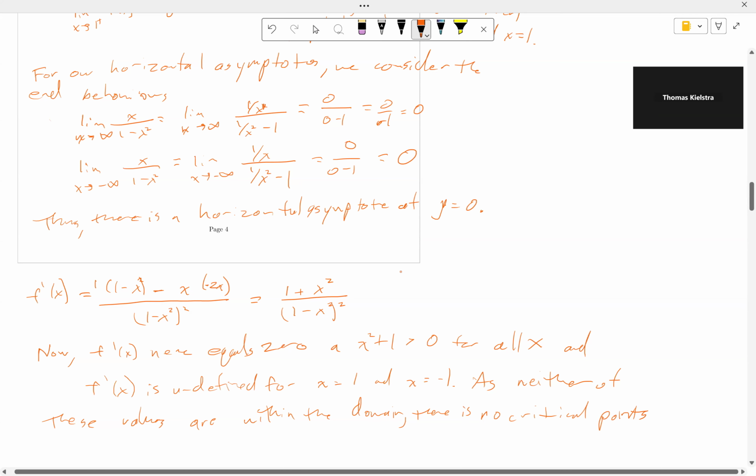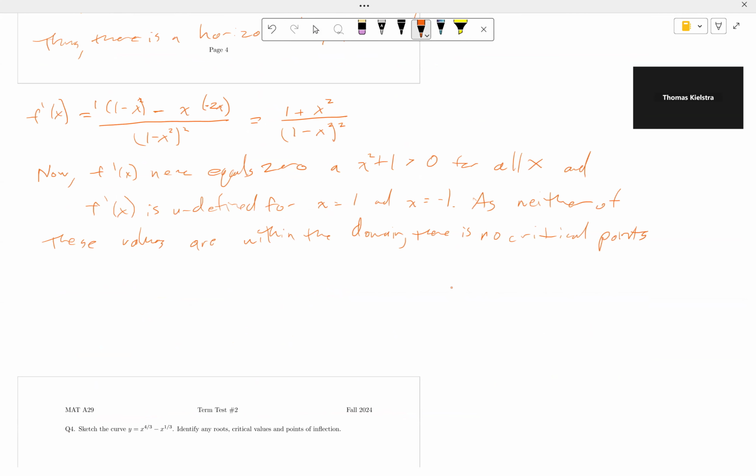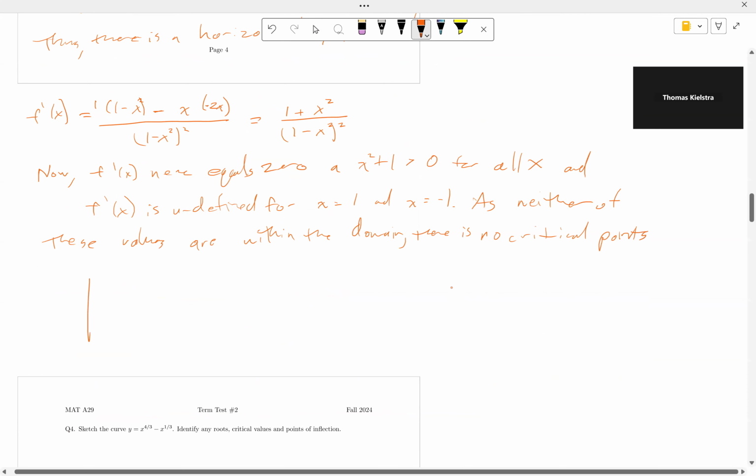Now, we'd still like to create a curve sketch, so I'd still like to know where the function is increasing and where the function is decreasing. To solve this, I'm going to create a quick sign chart about this expression. I have minus 1 and 1, and I have 1 plus x squared, (1 minus x) all squared, and (1 plus x) all squared.